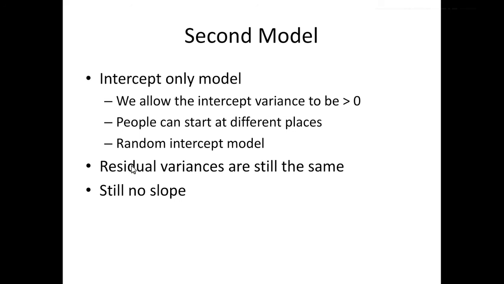So instead of assuming that everybody's exactly the same, everybody made an 85, we've allowed some people to make 60s and some people to make 95s. Because we've allowed them to vary, that no longer is error variance, it's now in the variance for the intercept.